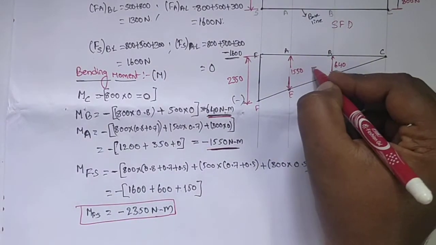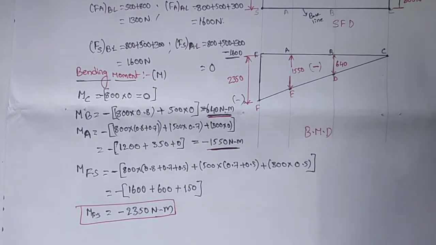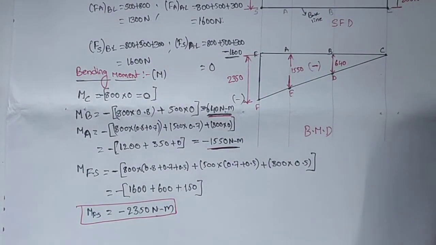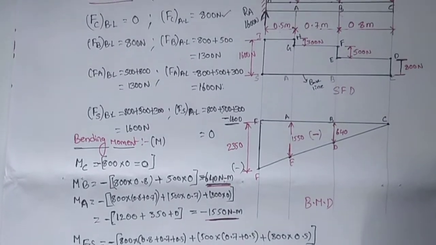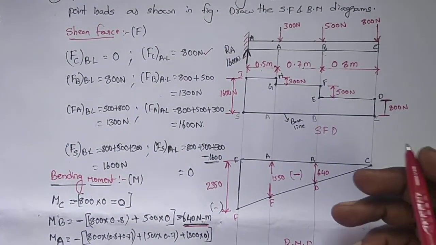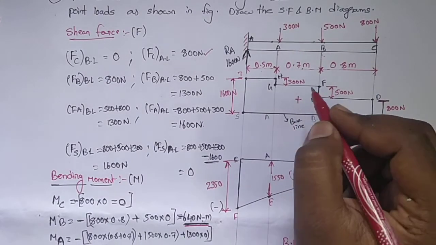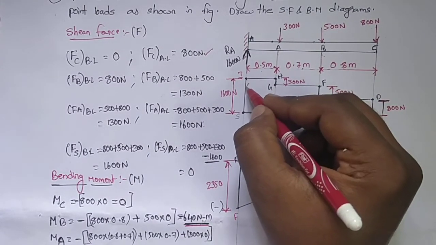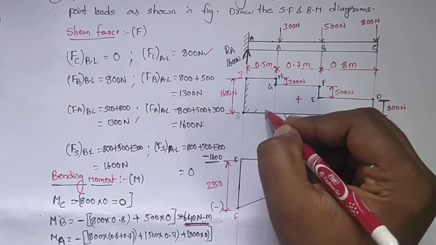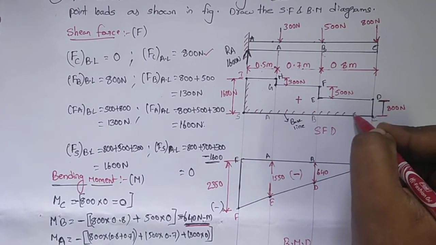Here the bending moment is negative. After completion of drawing, we need to give the area of shear force. Okay, the shear force is positive. The area will be the hatching. It is the shear force.